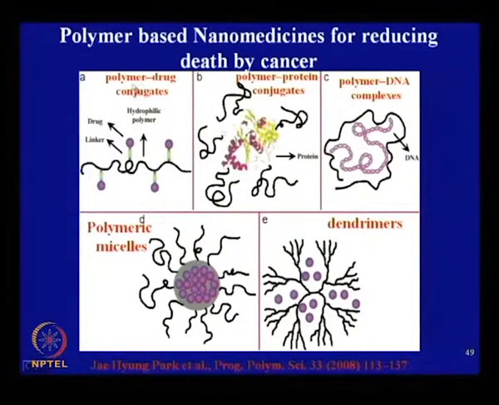Here is, in this case, the polymer drug conjugate. Sometimes proteins are also used as drugs. In that case, that protein can be conjugated to the polymer. This is the protein, conjugated to the polymer. Then the entire system in nano dimension can be used as a drug carrier or drug delivery system. Then DNA, sometimes DNA is used as a drug.